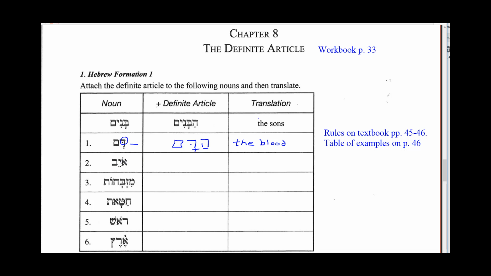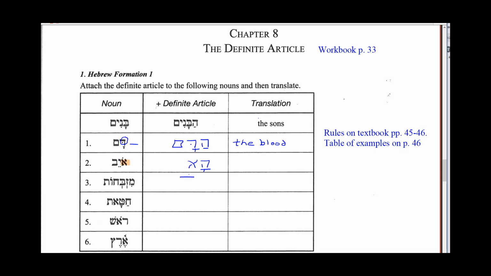Okay, let's look at the next one here. We have oyev. This is going to be different because we have an aleph where the vowel in the definite article lengthens. So here there's our hey, but instead of a patach, we're going to have a qamets. The aleph, being a guttural, cannot double, so it cannot take a dagesh forte.